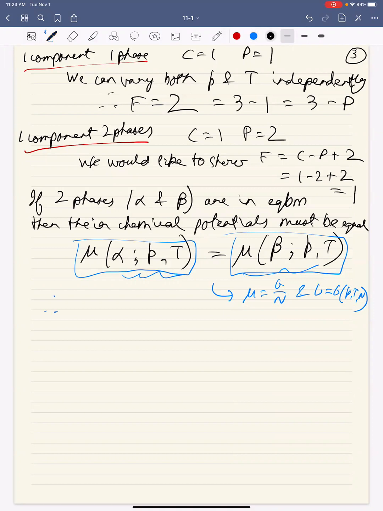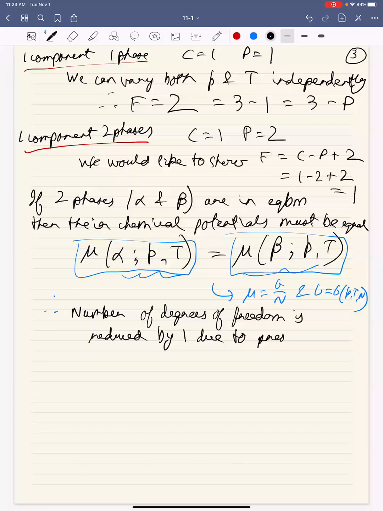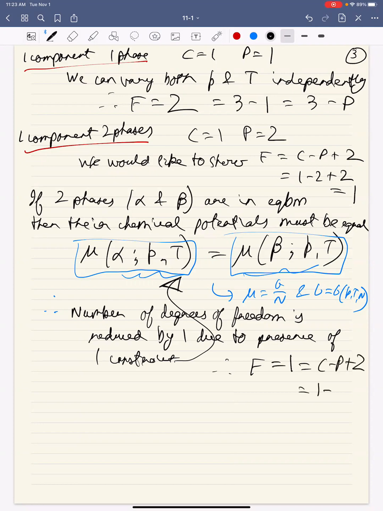Therefore, number of degrees of freedom is reduced by 1 due to presence of one constraint, which is this equation. Okay, so therefore F is equal to 1, which is once again C minus P plus 2, because we had one component, we had two phases, and 1 minus 2 plus 2.